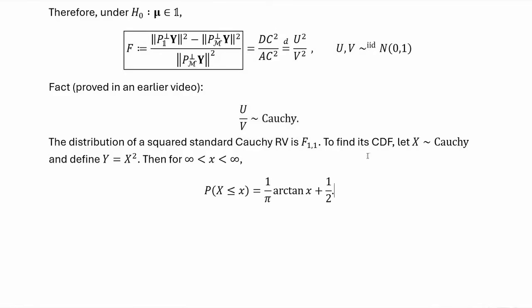To find its CDF, the cumulative distribution function, say x follows the Cauchy distribution and define y equal to x squared. We can find the CDF of y really easily and then its critical value, so we know under what circumstances we should reject the null hypothesis.